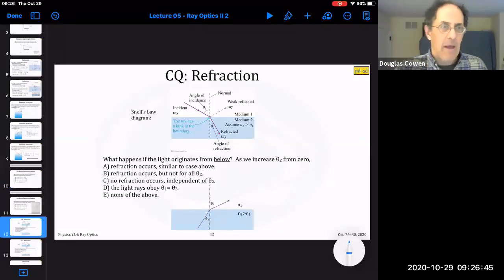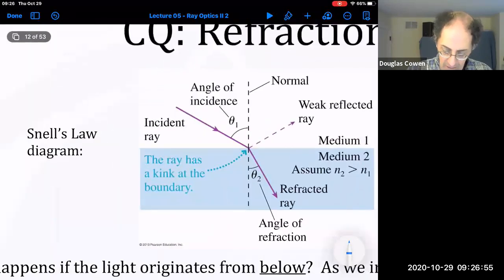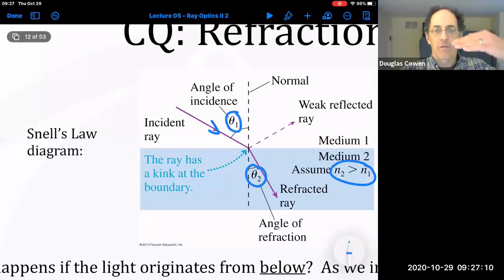Okay. So I'd like to ask another question about refraction. And this question has to do with what happens if, instead of the light originating from above, as we've shown here, at some angle of incidence theta 1, and then going off at some angle theta 2, where we've assumed that n2 is greater than n1, so that theta 1 is going to be larger than theta 2 in that case.